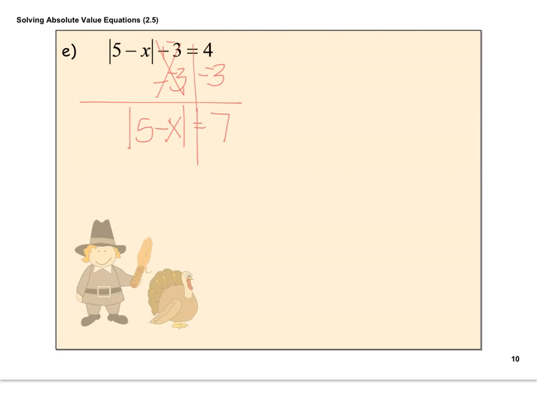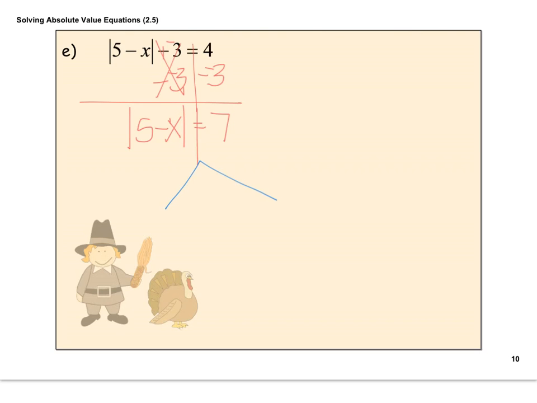Now, if I look, the absolute value is the only thing on this side, and it's equal to a number that's a positive. This now allows us to do our two equations. We could not do it earlier because we had an intruder in with our absolute value. We have to get rid of this first before we can split it apart into the two. We only want the absolute value to be on this side.